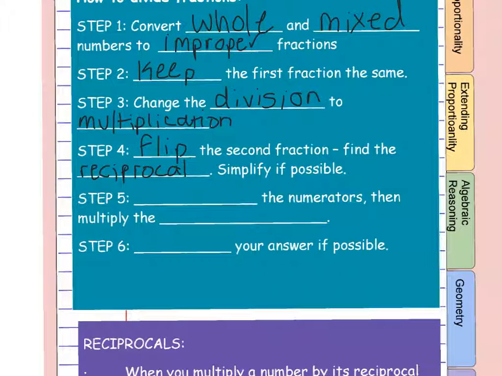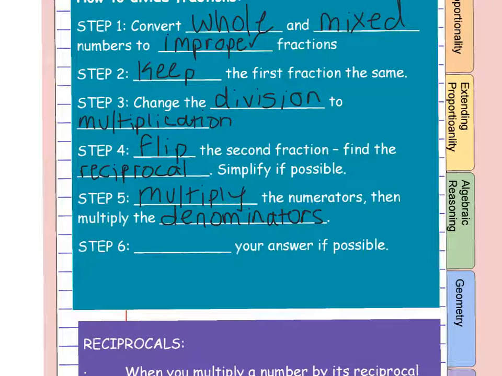Remember, just like multiplying, if we can simplify in the beginning, it makes our answer a lot easier. Okay. Step 5 is that we are going to multiply the numerators and then multiply the denominators. So we're going to multiply straight across just like we did with multiplication because that's what we're doing.